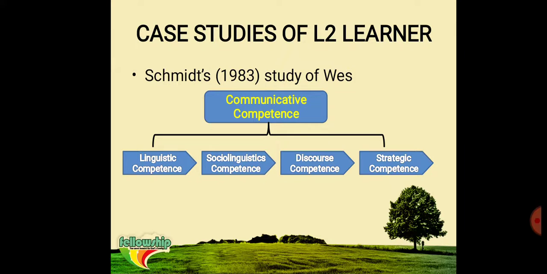And then case studies of second language learners. Based on Schmidt's 1983 study of Wes, he was a 33-year-old Japanese learner of second language English who left school at the age of 15 and thus had very little experience of formal instruction.